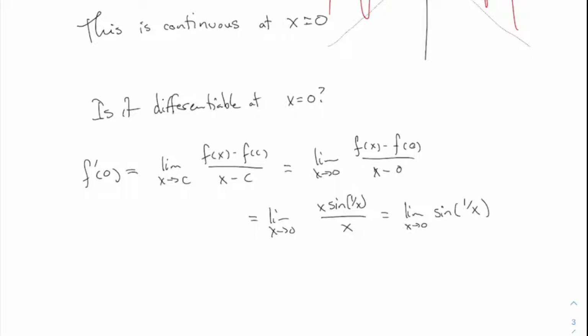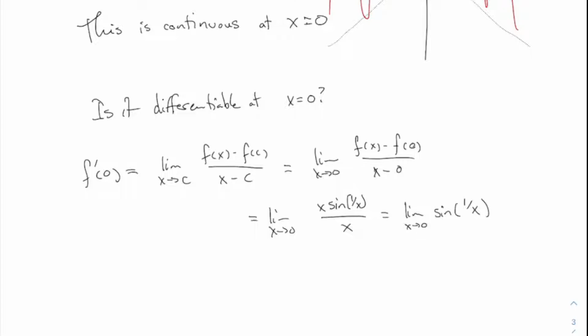Okay, and what is that? The limit as x goes to 0 of sine of 1 over x. Your choices are 0, does not exist, 7/4? It's not that one. Yeah, this one does not exist.